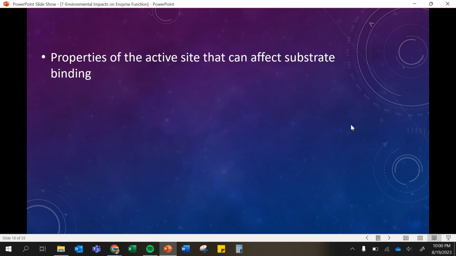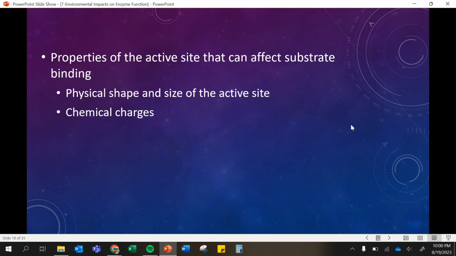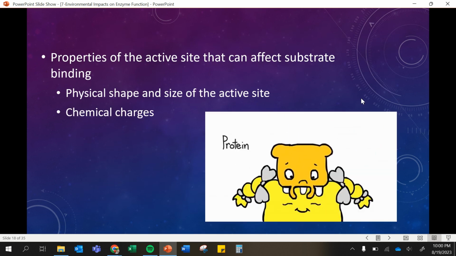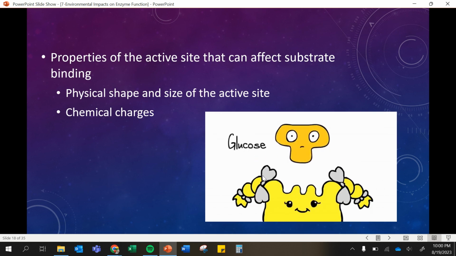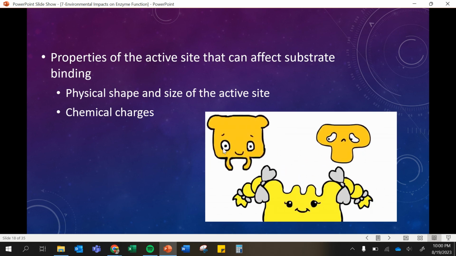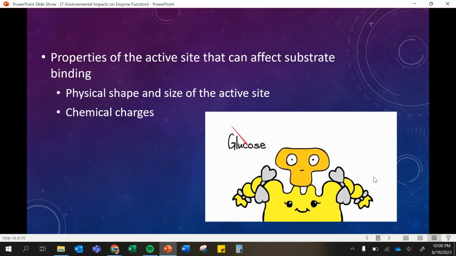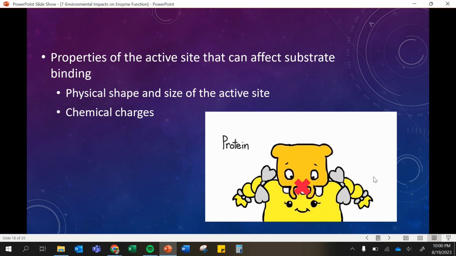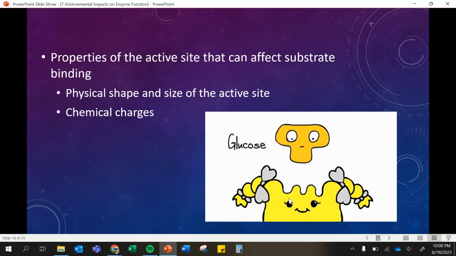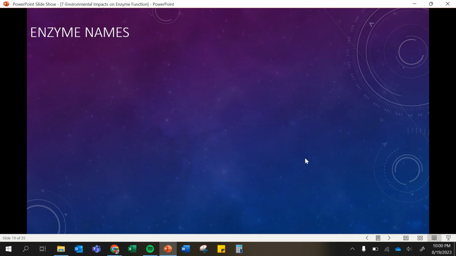Properties of an active site that can affect binding are the physical shape and size, as well as chemical charges. Here is showing the shape of the active site, but the same idea with charges. We can have compatible charges, so we will have opposite charges from the active site and the substrate itself.